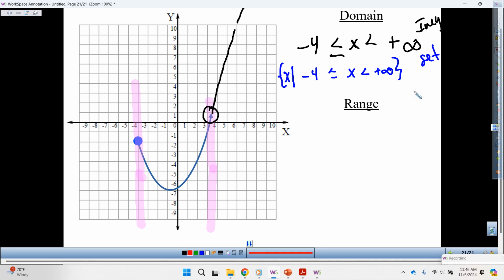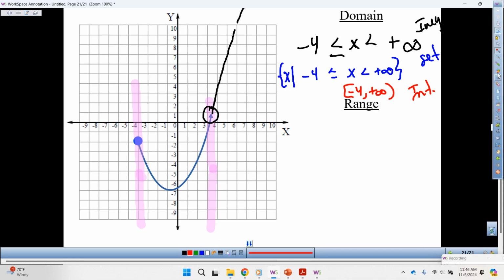All right. And let's go to the interval notation. Pass someone. Mario. Hands if you got that. That is correct. So that's for the domain.